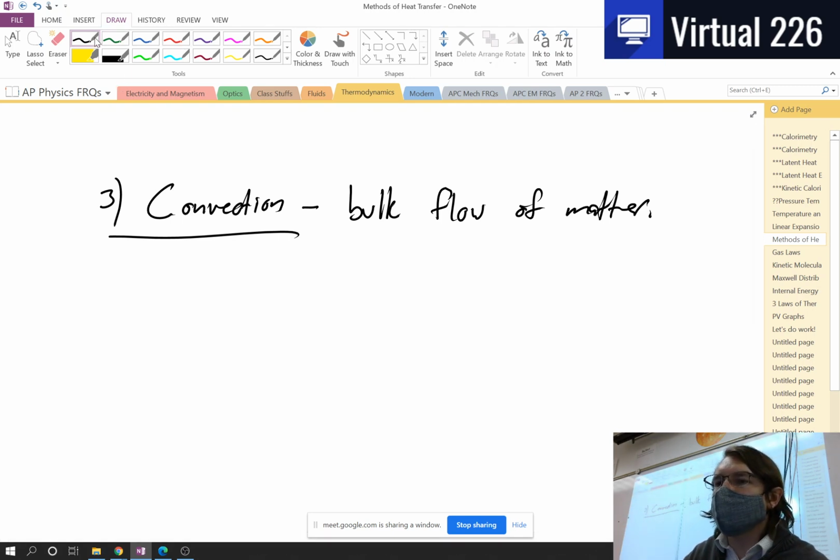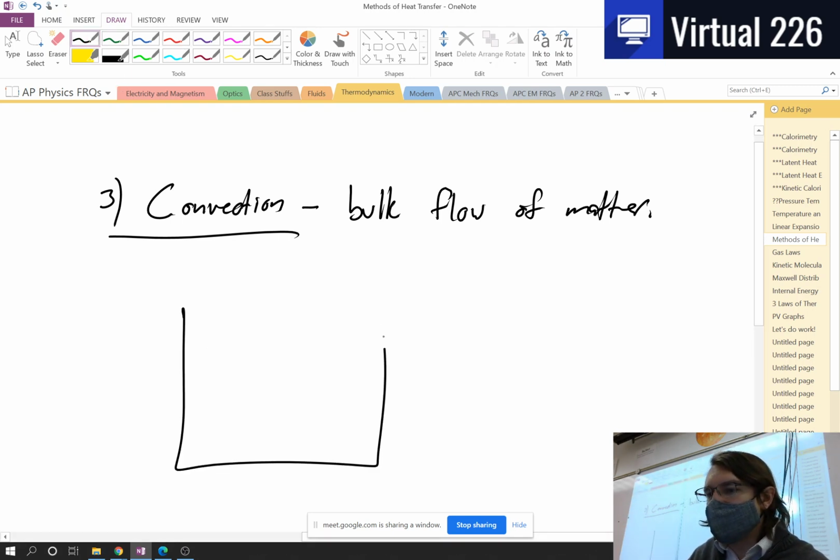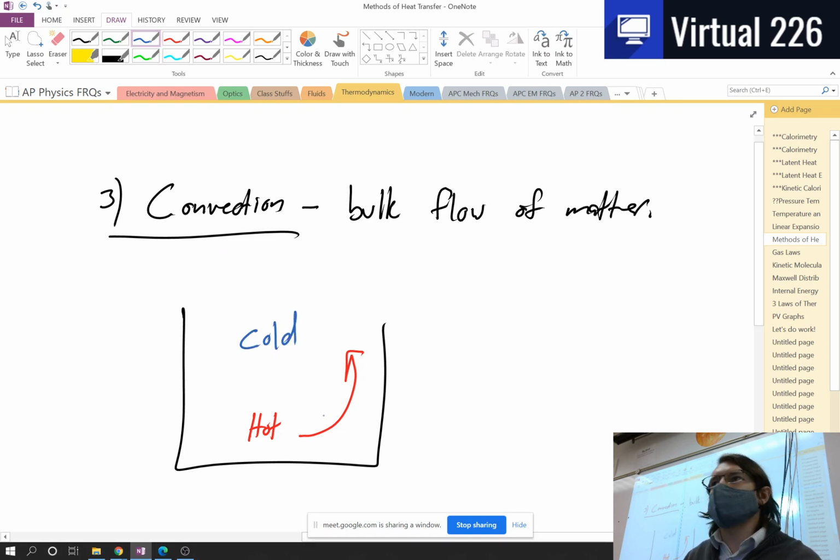And traditionally, when we think about convection, what we're thinking about here is if you have a hot set of material, hot material rises, and it displaces material up top, which is traditionally cooler, because as this hot material is rising, it is cooling off. As it displaces the cold material, the cold material falls back down.